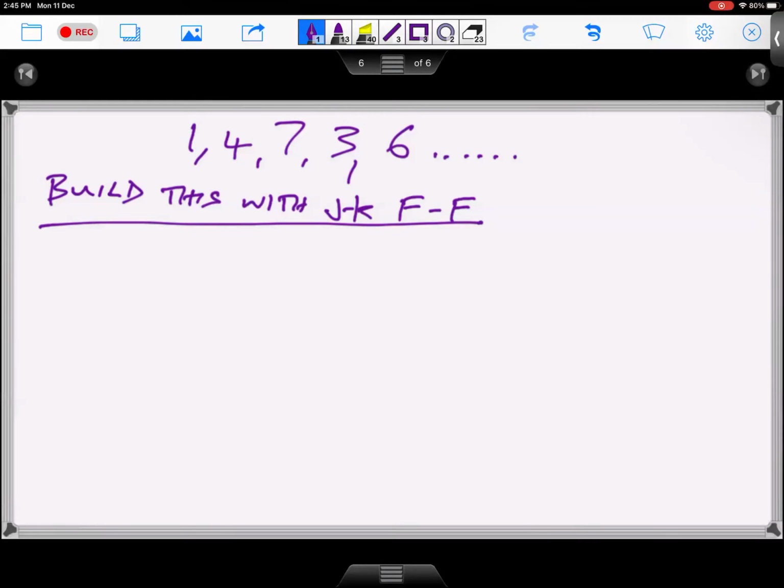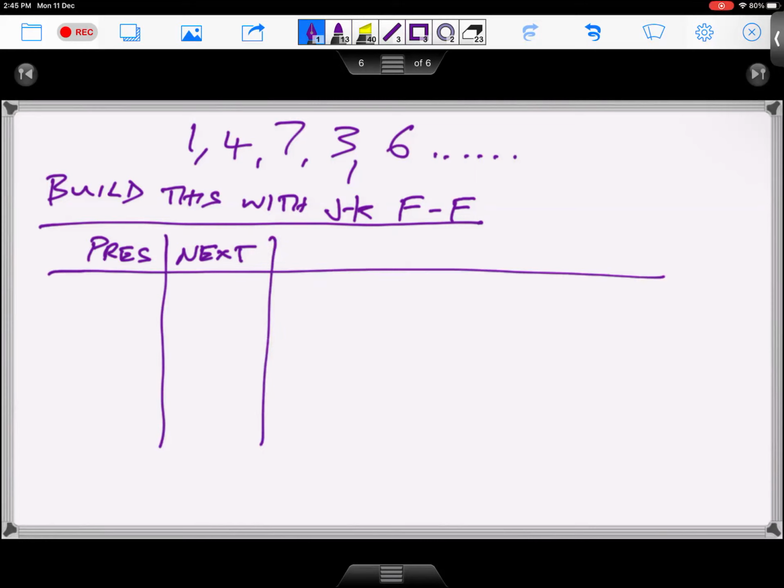So the first thing you do is you have your present and your next and your flip-flop input functions. So the present is what? 1.